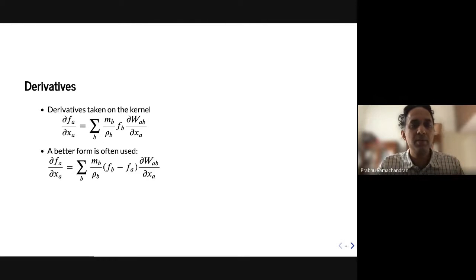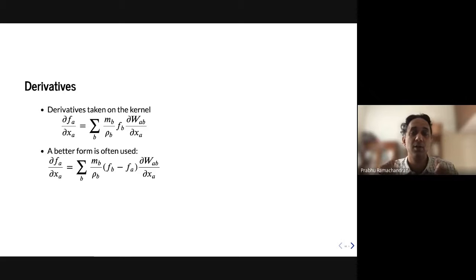But the basic principle is you can take the derivatives of the kernel, so you end up with the derivative of f being simply the derivative of the kernel, again multiplied by the same sort of summation. And this summation again is over the neighbors. Now, it turns out that if you use this form, it's not even zeroth order consistent, which means even if you have a constant function, you're not going to get 0 as the gradient.